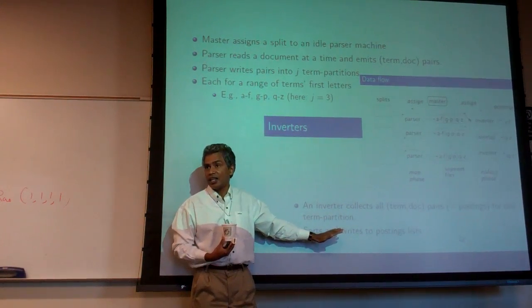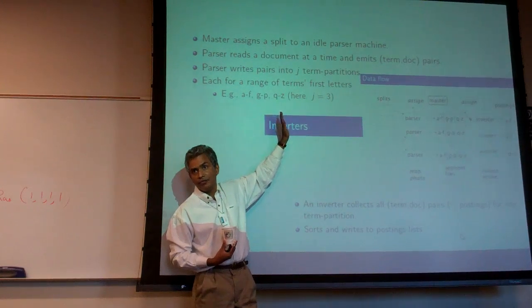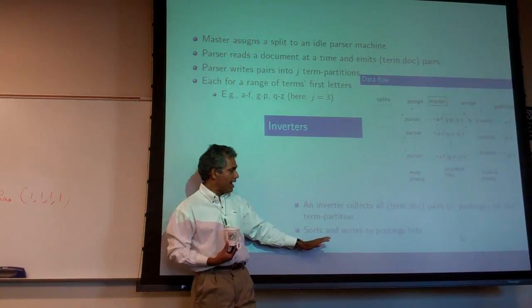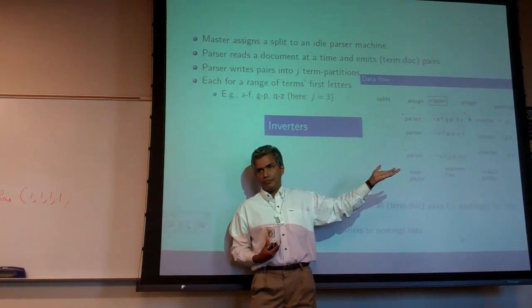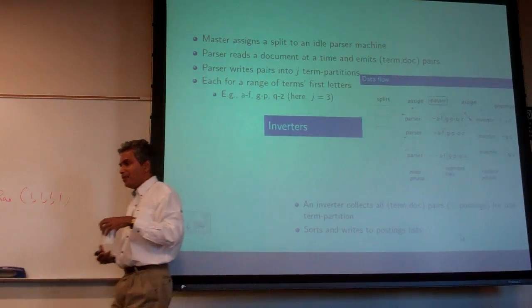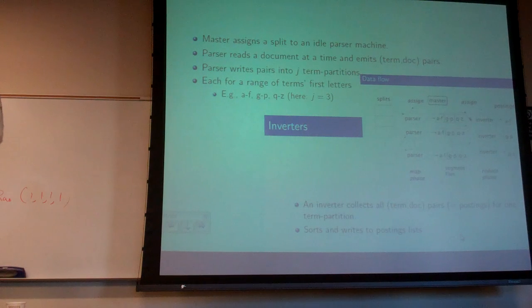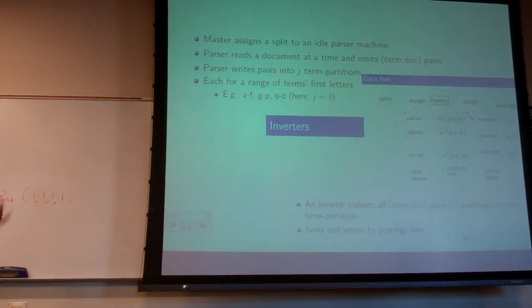That's where you first sort it. The mapper doesn't sort. The inverter sorts, and then writes it into the postings list. By this time, you have an alphabetically sorted list of words and which documents they occur in, which is your inverted index.